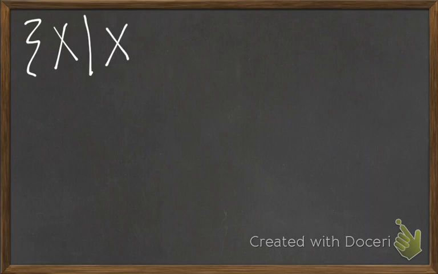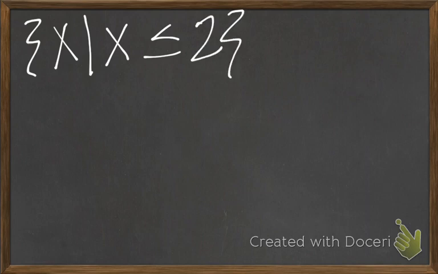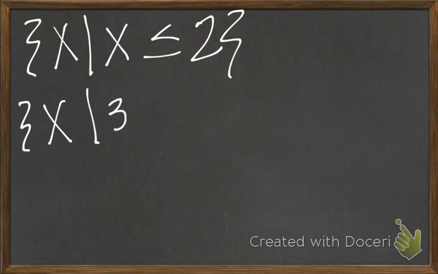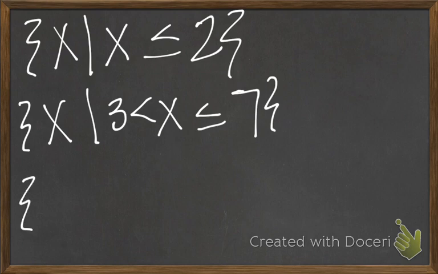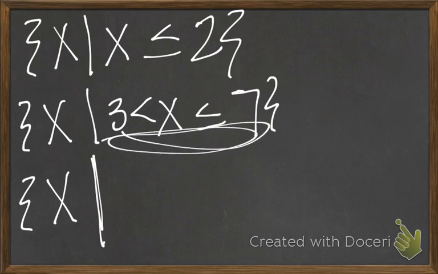Set notation is like x such that x is greater than or equal to whatever it's greater than or equal to, say 2. Or it could be x such that x is greater than 3 and less than or equal to 7. So it's always x such that, and then whatever this happens to be.